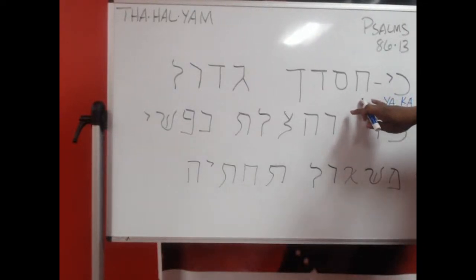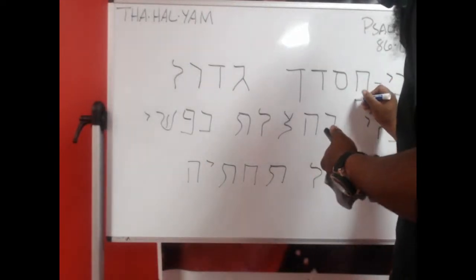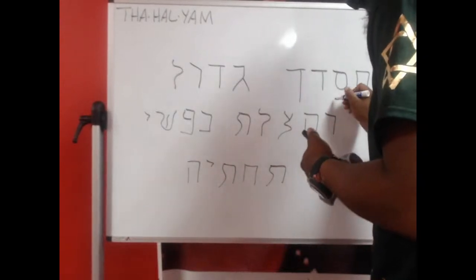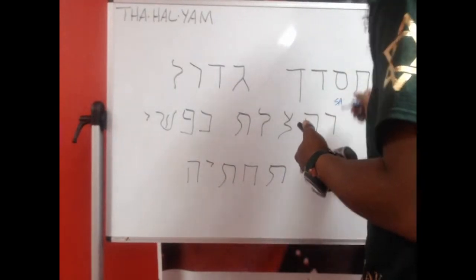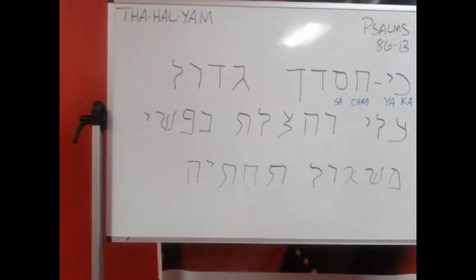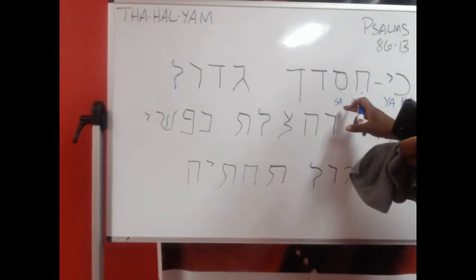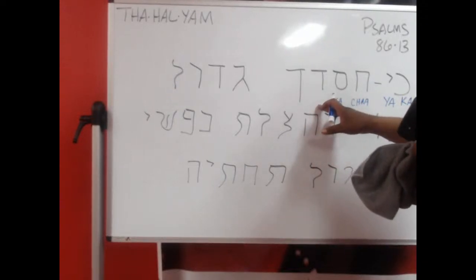That's okay. We got Ka. Very good. And then we have Sa. Excellent. Then what's my next one? We have Ka, Sa.